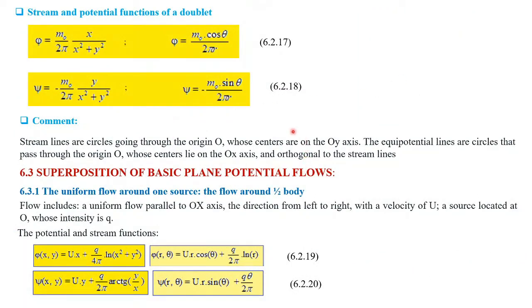Now we come to the superposition of basic plane potential flows. The first one is the uniform flow around one source, the flow around a half body. In this case, the flow includes, first, a uniform flow parallel to the x-axis, with direction from the left to the right and a constant velocity of u.